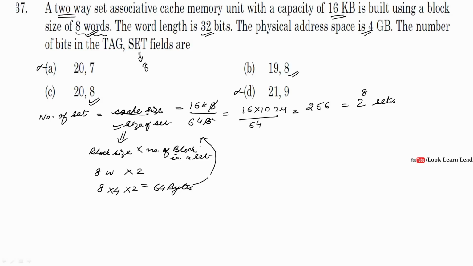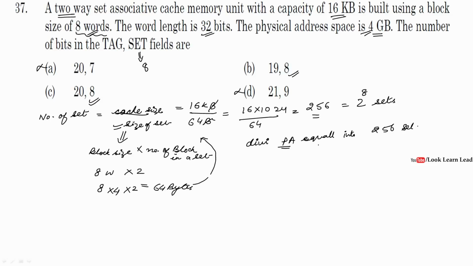Now what is the physical address space? It is 4 GB, and we have a total of 256 sets. So now we would be dividing the physical address space equally into 256 sets.